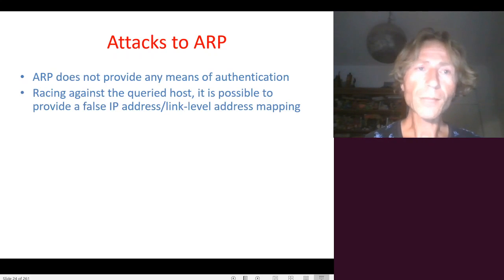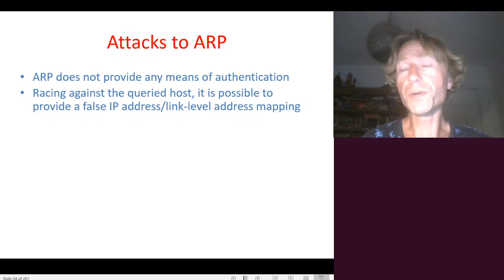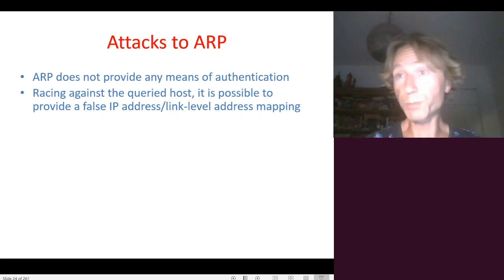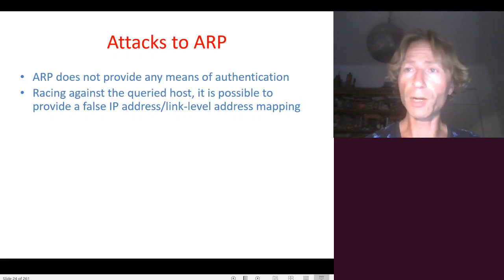Okay. So what you can do is, if you are an attacker, you receive one of these ARP requests, right? Because it was broadcast, you can reply. You can reply, even though you don't have that IP address that the ARP request is looking for, you can reply with your own MAC address, right?